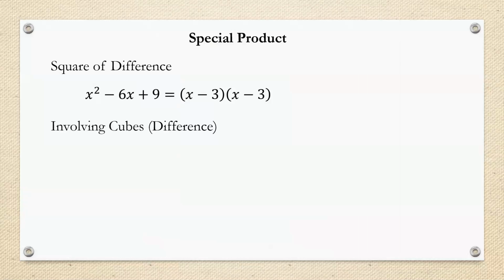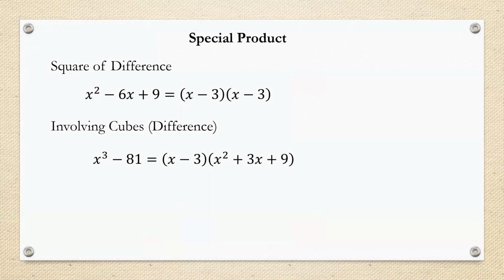Involving cubes. Actually, this is special. Kaya nga pag sinabing special product, ito na yung pinaka-simplification. Baka mamaya bigla kasing ma-encounter nyo to. At least, you know now what to do. So, pag sinabi mong involving cubes of a difference, this is x cubed minus 81. So, pag hinimay-himay natin yan, it has a factor of x minus 3 and x squared plus 3x plus 9.